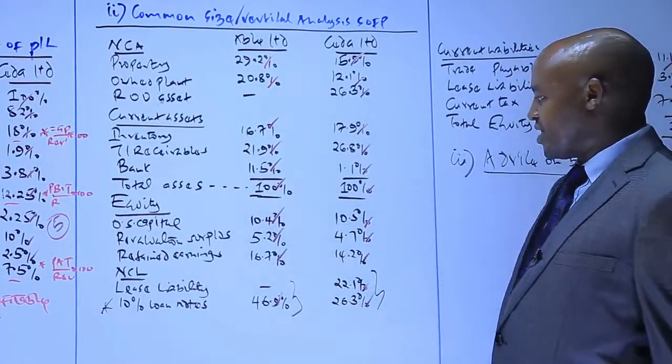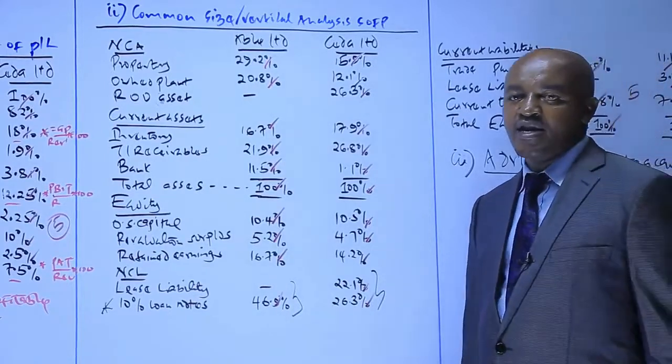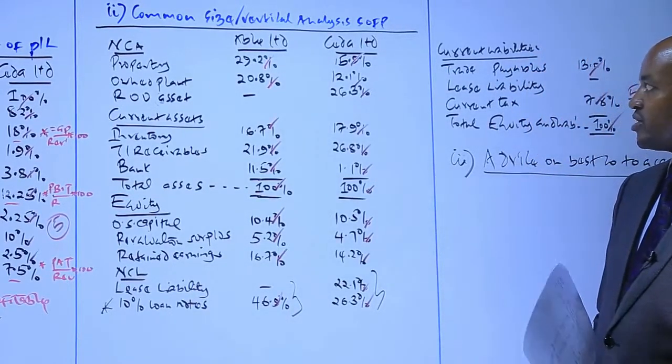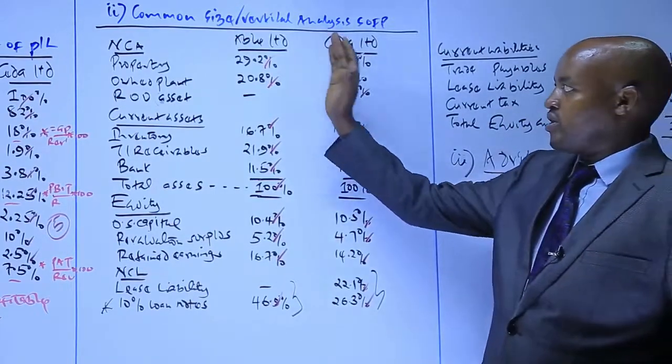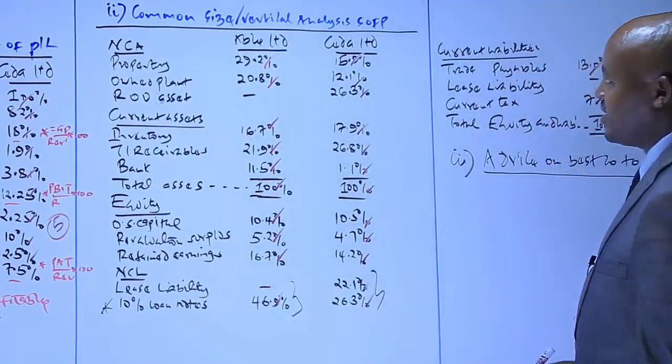Here we can see that this company is 46.9 and this company is 26 point what? 0.3. So in this case we can recommend that the directors of Dragon acquire which company? To acquire Able.